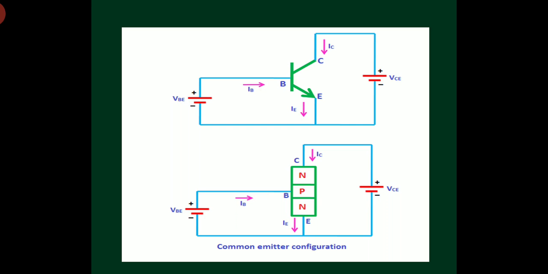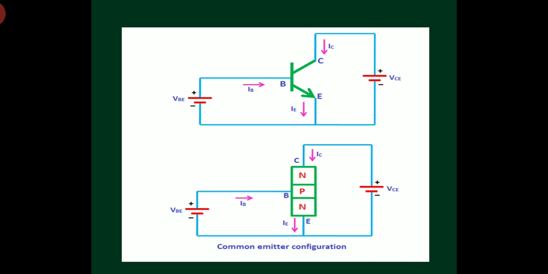The diagram which you are seeing at the top of the screen is the circuit diagram, right? In the schematic, the NPN is replaced by the symbol of the NPN transistor. Make sure for an NPN transistor, the arrow mark on the emitter region shows the direction of current flow, right?